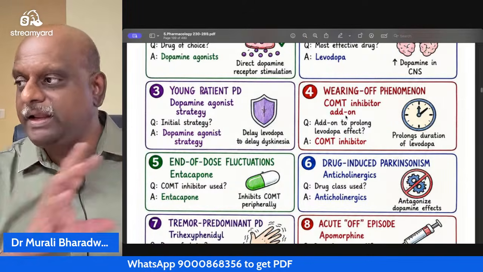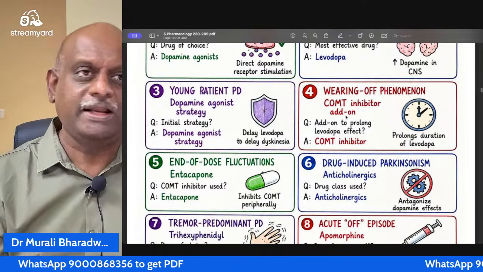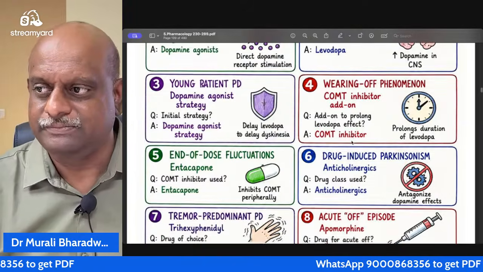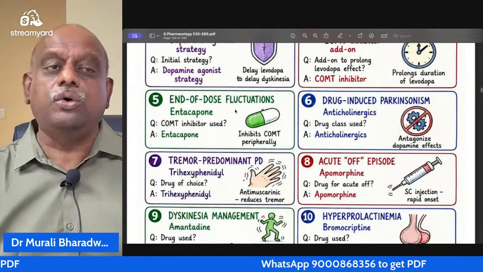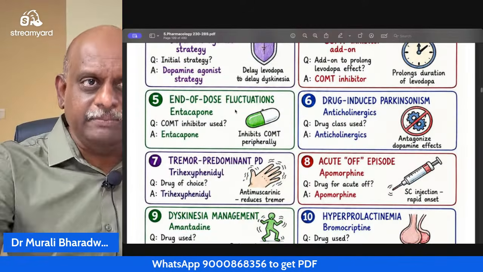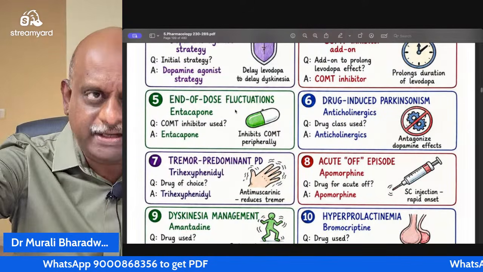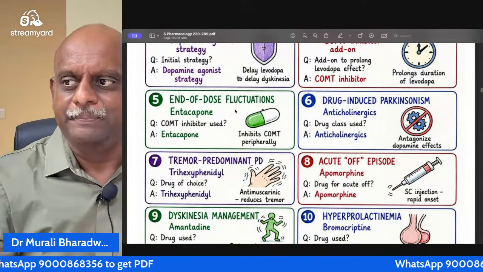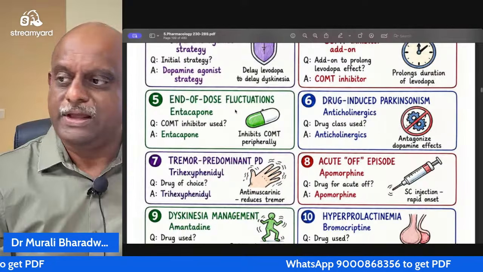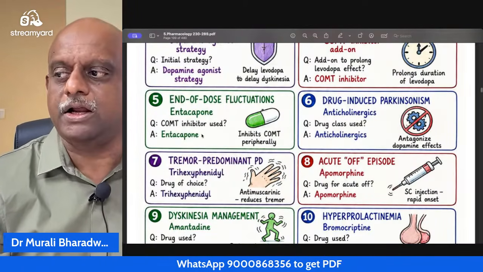Then when there is a wearing off phenomenon, when you are using levodopa, you try to add a COMT inhibitor. End of the dose fluctuations are happening. For example, 3 times he has to take levodopa. So at the end of the 8-hour first dose period, if fluctuations are happening, then you have to add entacapone.